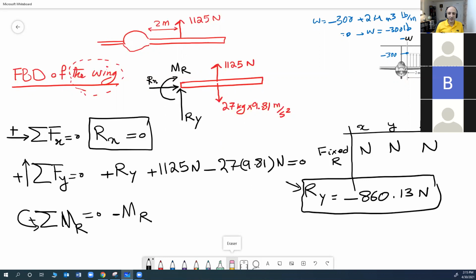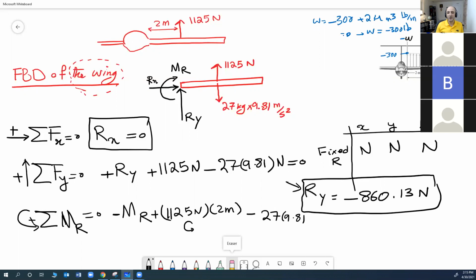Then I have 1125 Newton multiplied by 2 meters, and that's going to create a rotation this way, so that's positive. I have a minus 27 times 9.81.